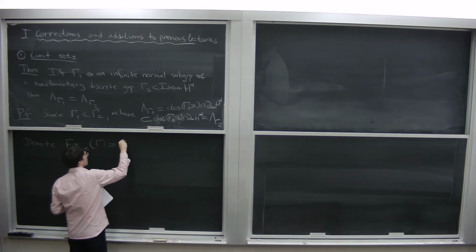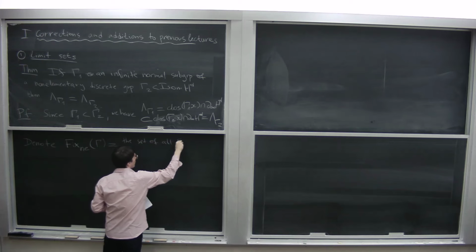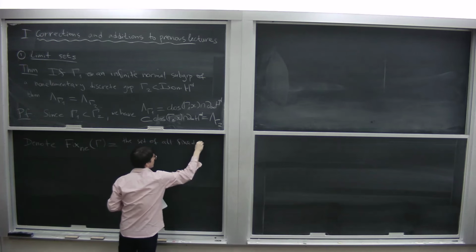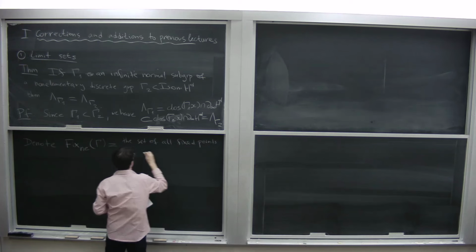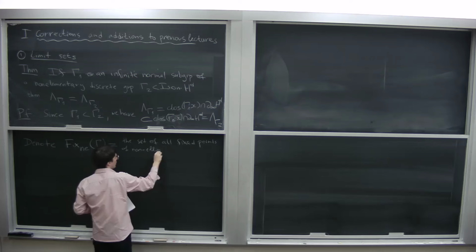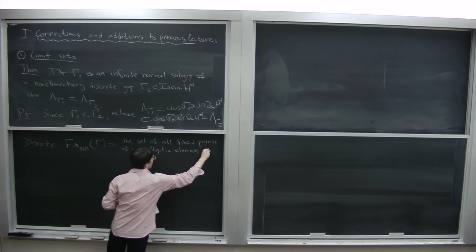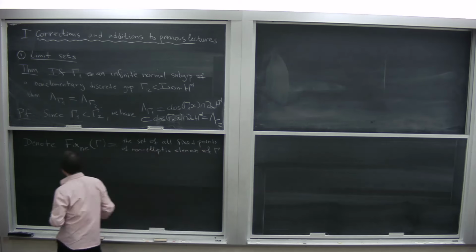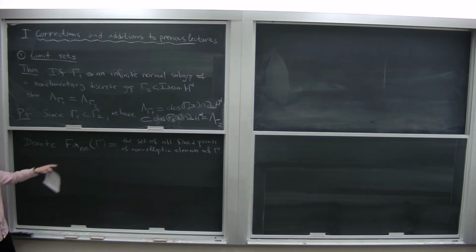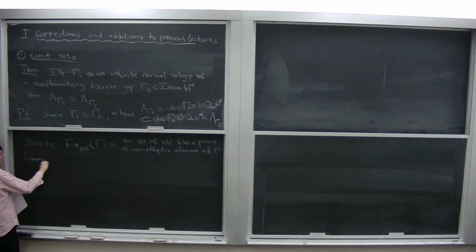So this is the set of all fixed points of non-elliptic elements of gamma. It's like the general notation, okay? So there is the following lemma.